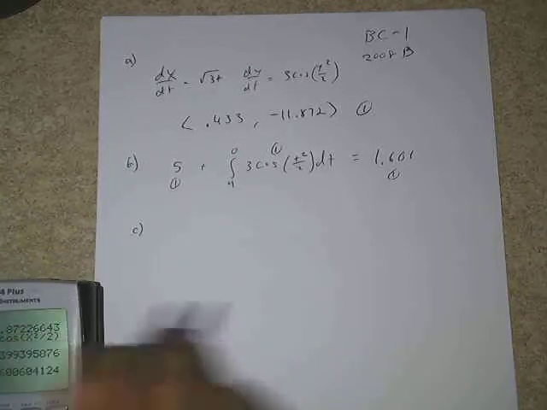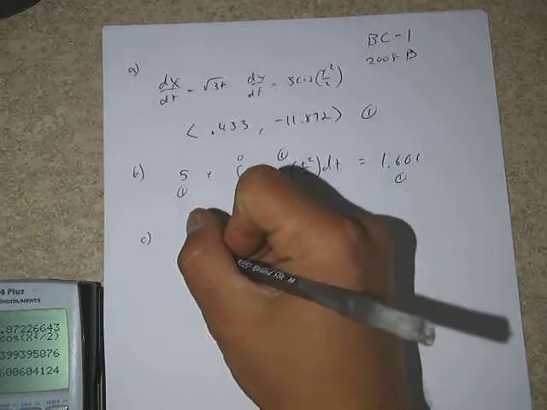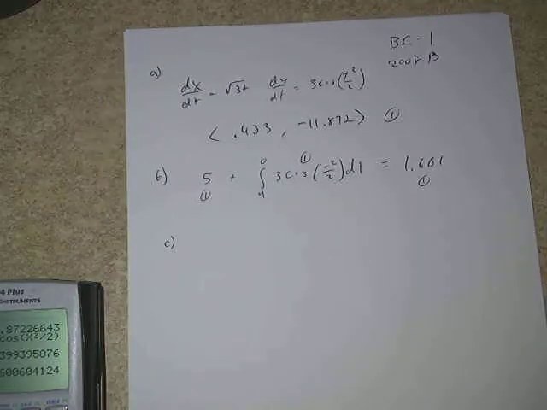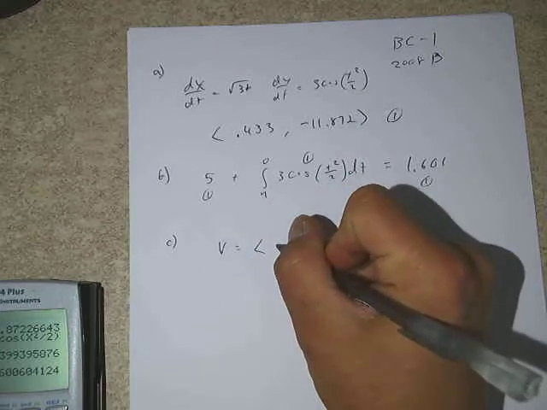Part C says on the interval 0 to 4, at what time does the speed of the particle first reach 3.5? So ultimately we need an expression for the speed of our particle, and we know that in general speed is going to be the magnitude of the velocity.